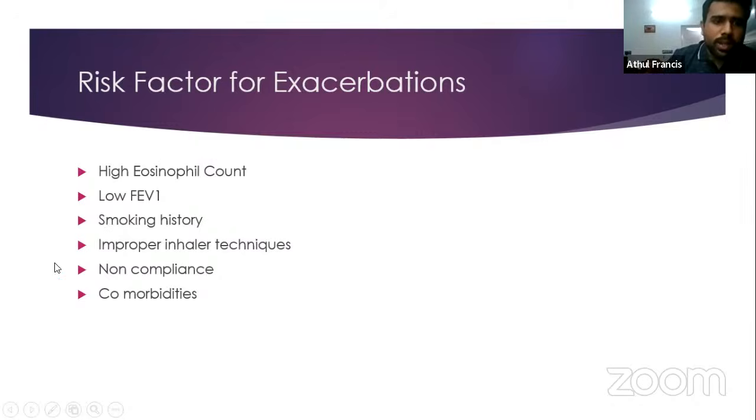So always one thing to remember, even for future clinicians: if you have diagnosed the patient as asthma, always train him to use the inhaler. If you have someone working for you and explaining it, well and good. If nurses are training the patient, well and good. If no one is there, it's basically your duty to train the patient on how to use the inhaler, because the patient is definitely going to come back to you and say, you have given me so much treatment, but nothing is working out.